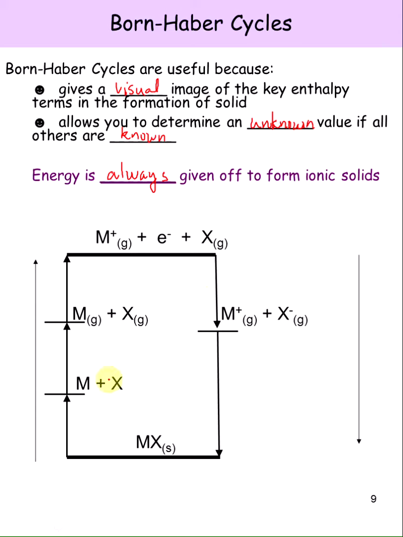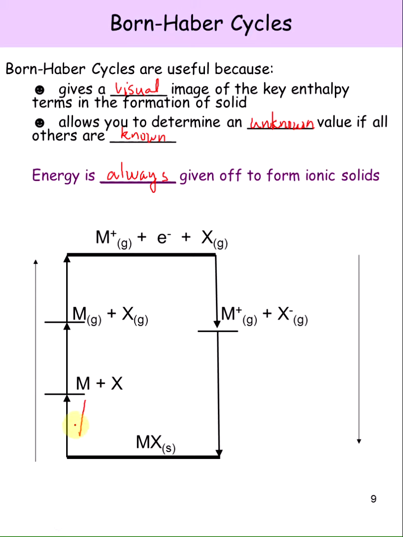So here we have kind of a generic picture of a Born-Haber cycle. At the very bottom, we start off with our ionic material, so our metal and our anion in the solid form and the ionic form. We then have to use the delta H of formation to break this up into the metal and the non-metal in their natural states.